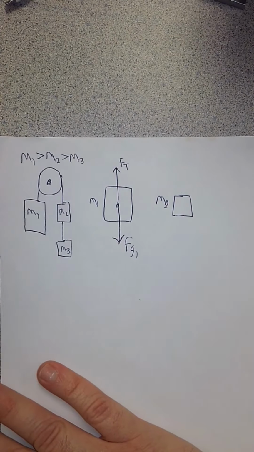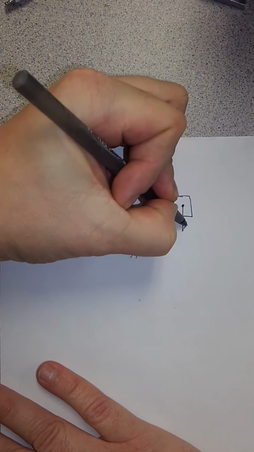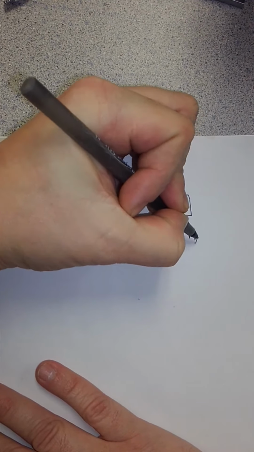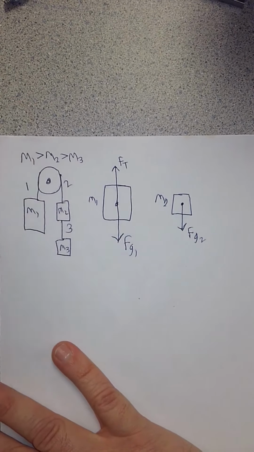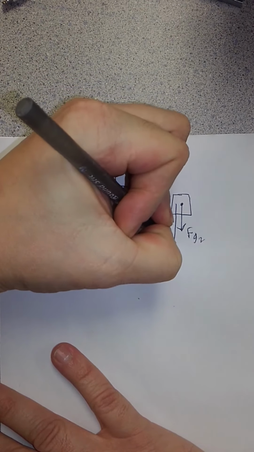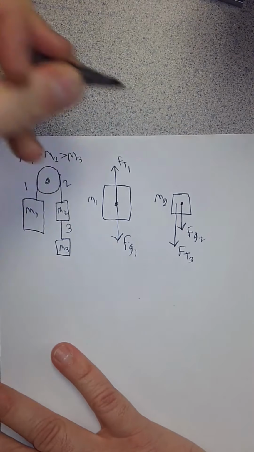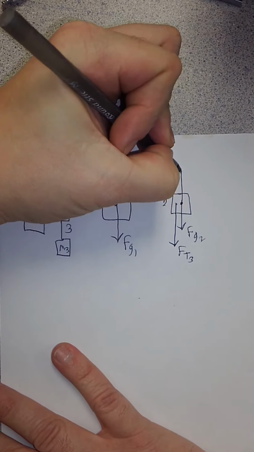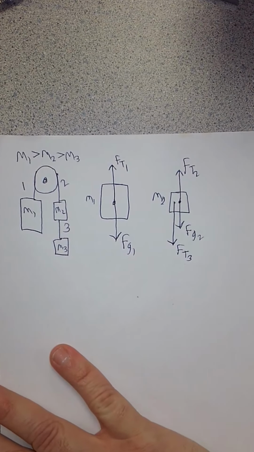It's going to have multiple forces going down on it, because you've got the weight of mass 2, but you also have what I'm going to call tension 3 acting on it. So you actually have two of them going down, and this is what makes these a little bit trickier. And then going up we have what I'm going to call FT2, because it's string 2.